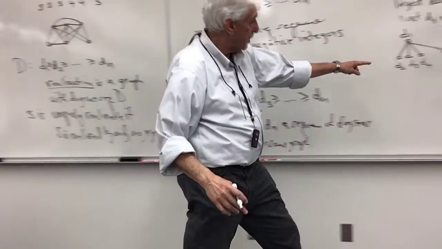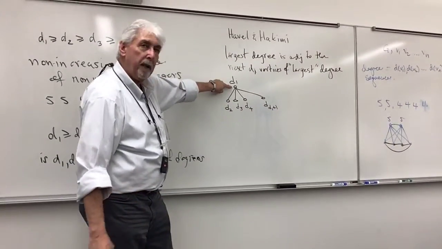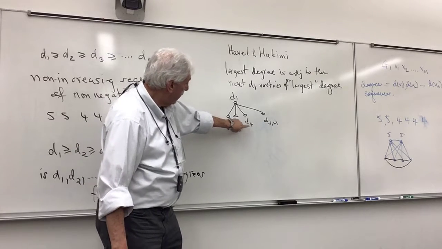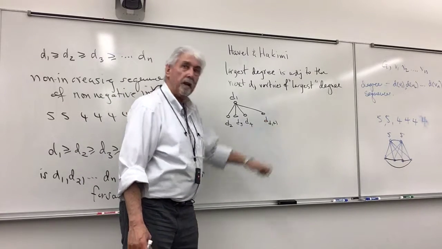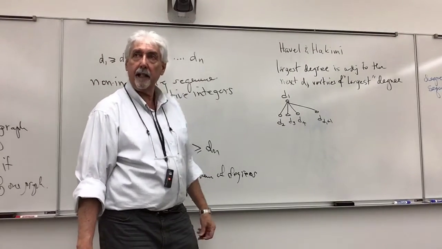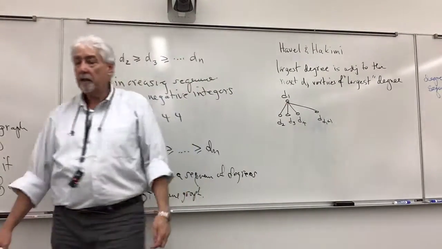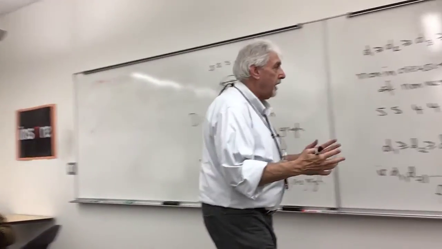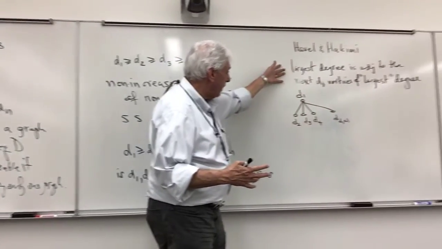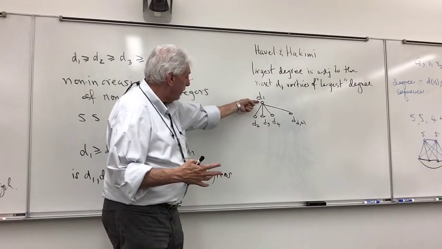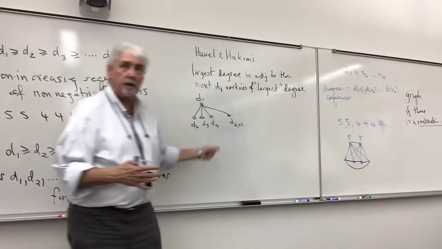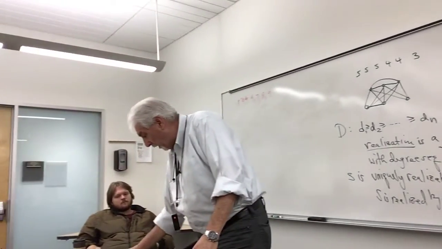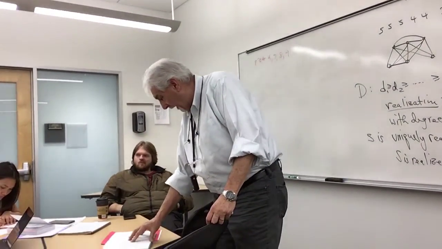I've got to be adjacent to D1 vertices, so my vertices are D2, D3, D4, D5, up to D sub D1 plus 1. Is that clear? That's D1 edges. So Havel and Hakimi showed that if there's a realization, then there's a realization where the vertex of largest degree is adjacent to the next largest ones. Before we prove that, let's see how we might apply it.